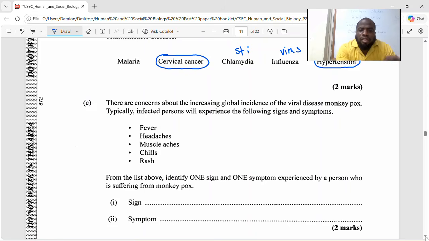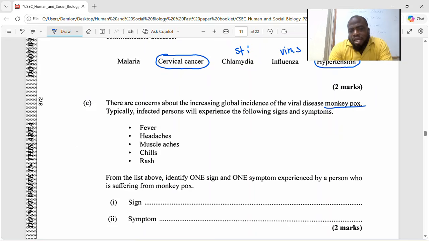There are concerns about the increase in global incidence of the viral disease monkeypox. I remember when they spoke about this coming into Jamaica, and this gentleman was jumping through the hospital window and all of that, eluding police. Sometimes we try to prevent the spread, and so one of the things that we will do is to quarantine individuals so that they don't get into contact with other persons.